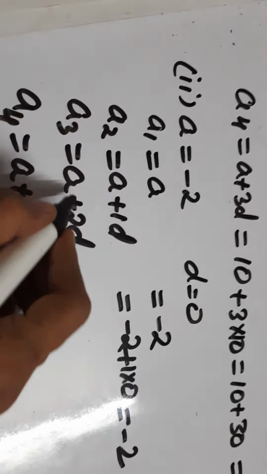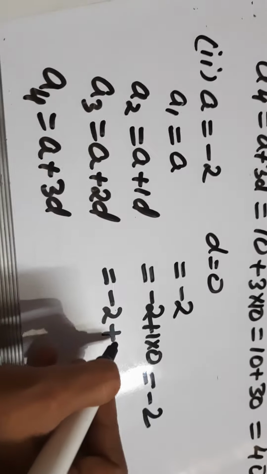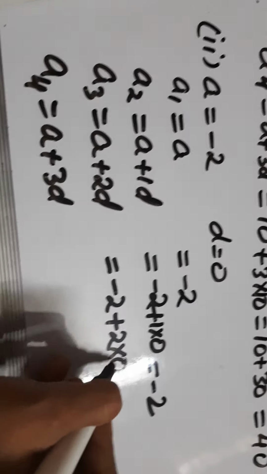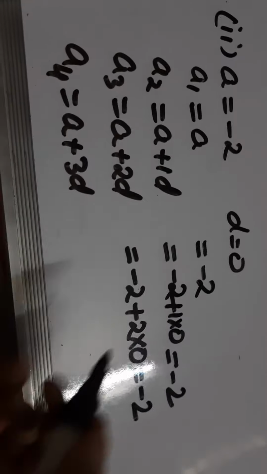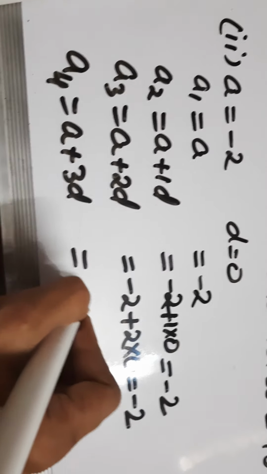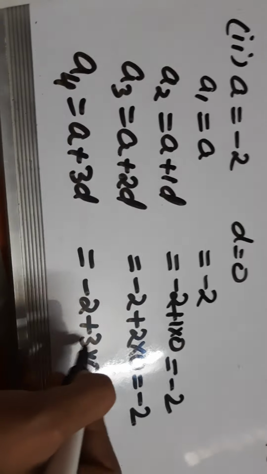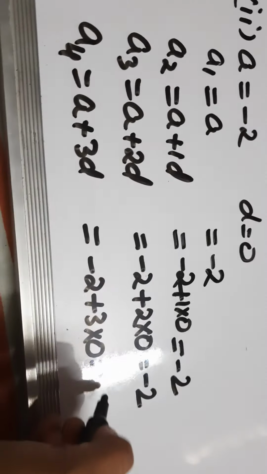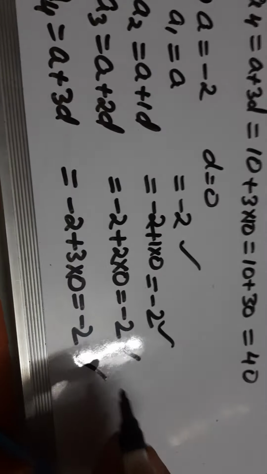a3: minus 2 plus 2 into 0. Again 2 into 0 is 0, and minus 2 plus 0 is minus 2. Next: minus 2 plus 3 into 0. 0 multiplied by anything is 0, and minus 2 plus 0 is minus 2. So these are the first 4 terms of the AP.